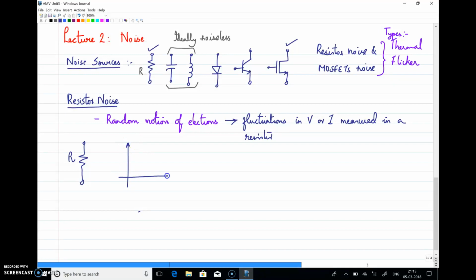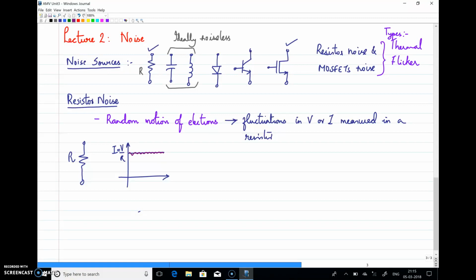If I measure the current, instead of getting a constant current of, say, V by R, what we'll get is a varying current. Varying in the sense that it is at a very minute level, but this will definitely affect the performance of the circuit.